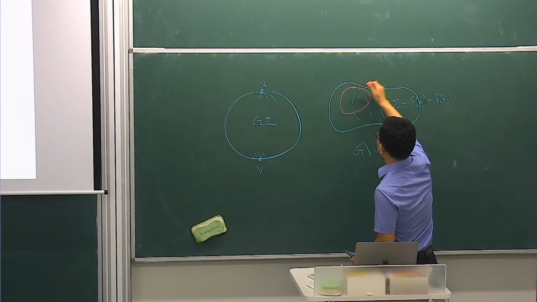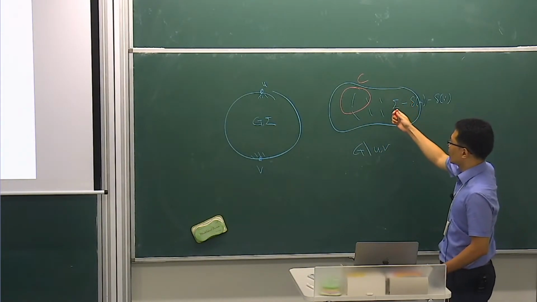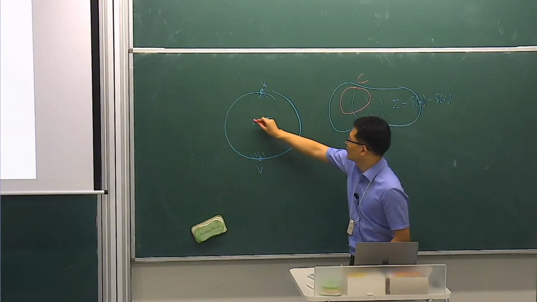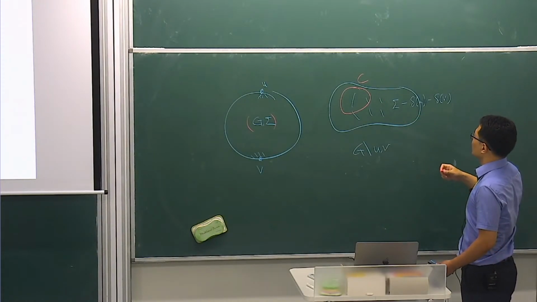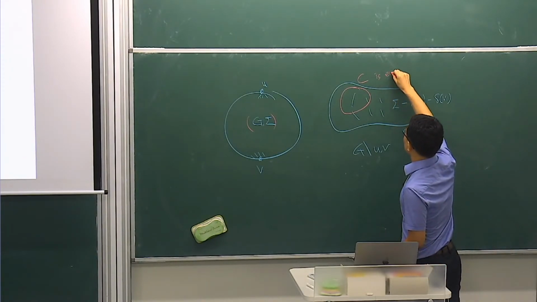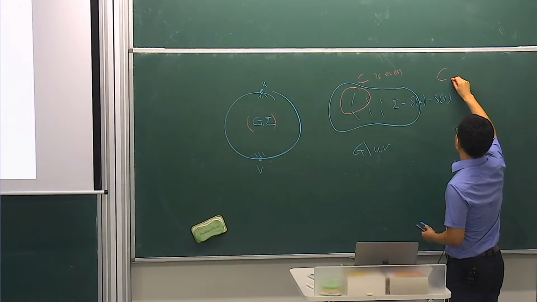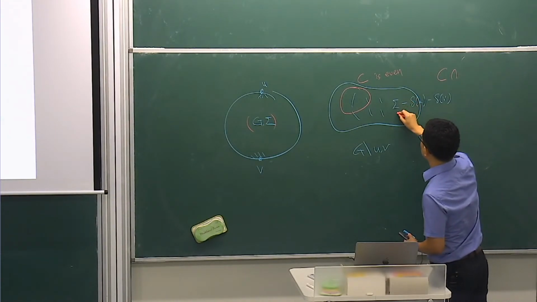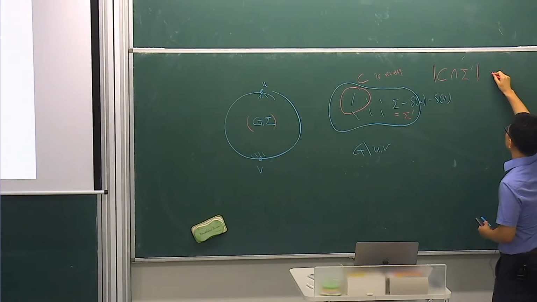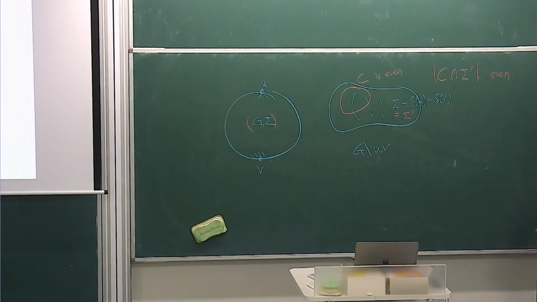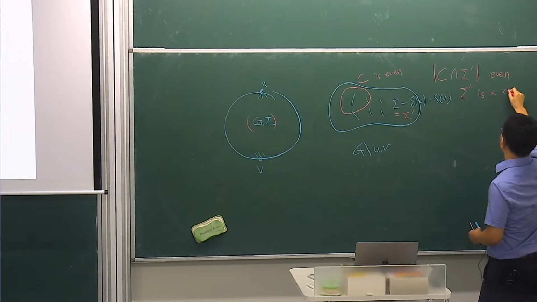C is an arbitrary cycle, and because every odd cycle in G sigma contains U or V, there is no odd cycle in this graph. So C is even. That means C intersection with, let's call this sigma prime, is always even, right? That means sigma prime is a cut.